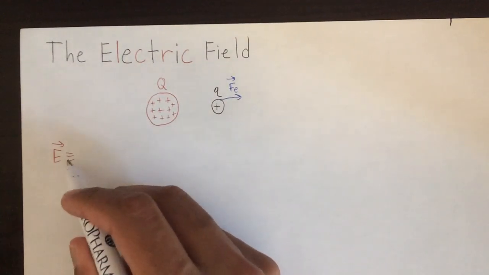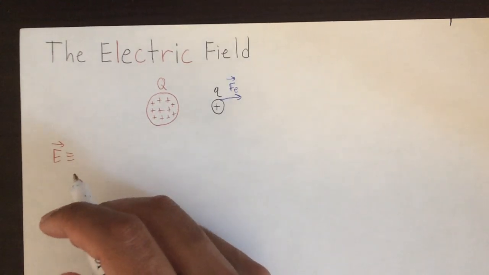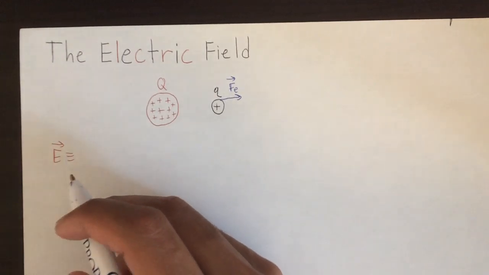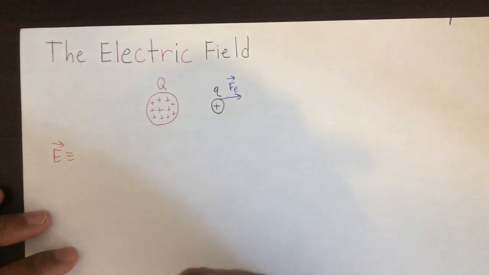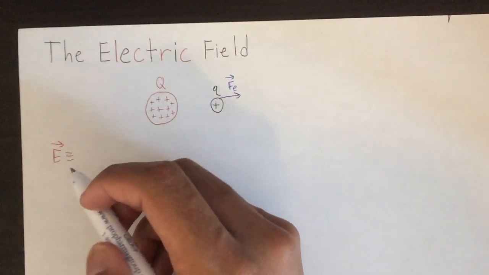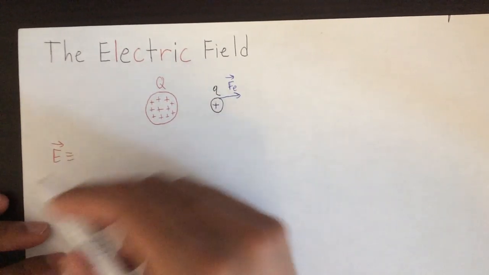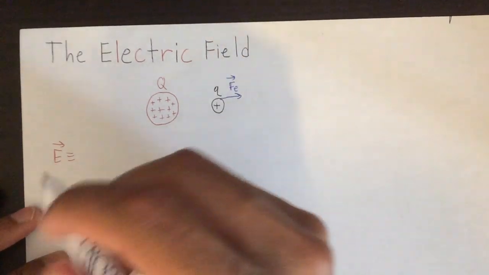When you say E is defined, you're saying that it is this. You're not solving and finding what E is. You're just saying E is equal to this.